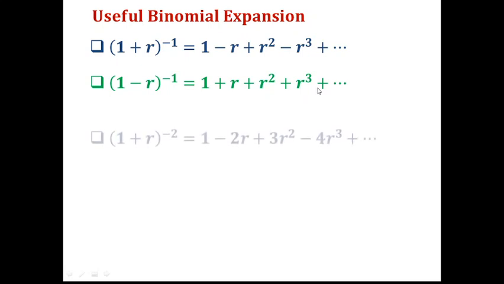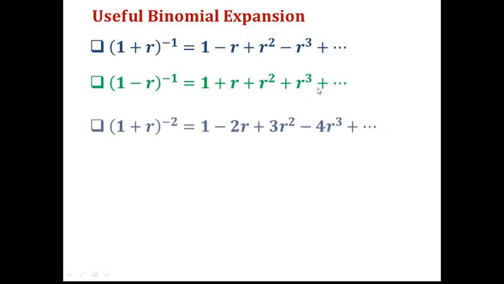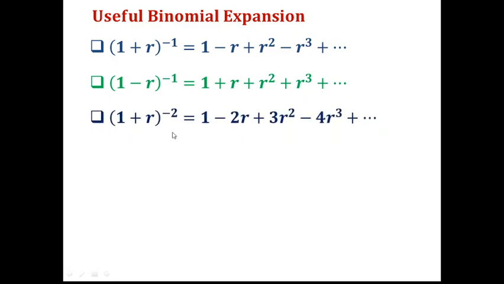We have a few more expansions which will be used sometimes. That is 1 plus r raised to minus 2. It is in the same line with only one difference, that here we will have the coefficients 1, 2, 3, 4 like this. Otherwise the logic is the same, alternating plus minus signs.